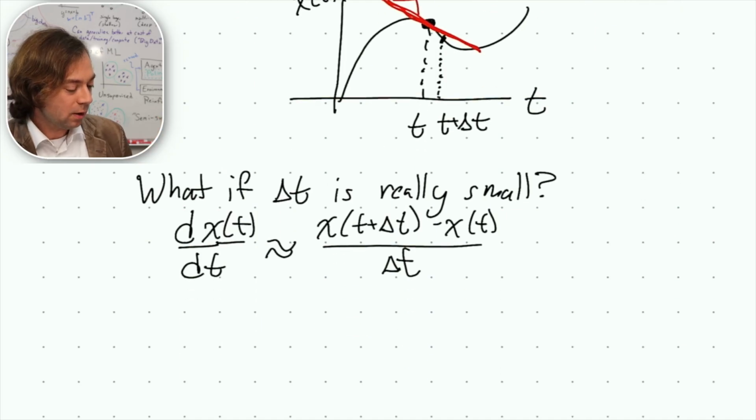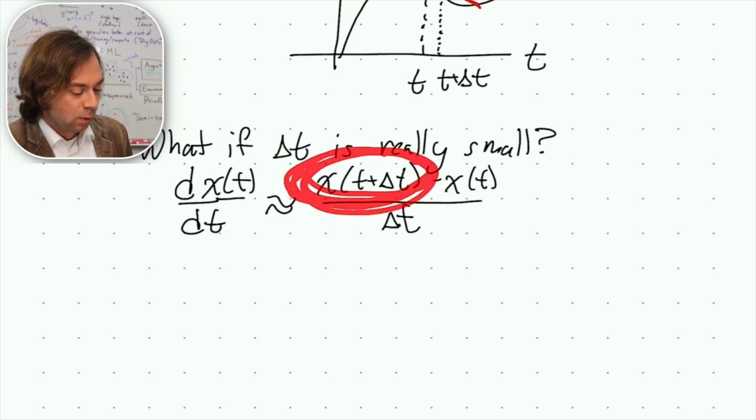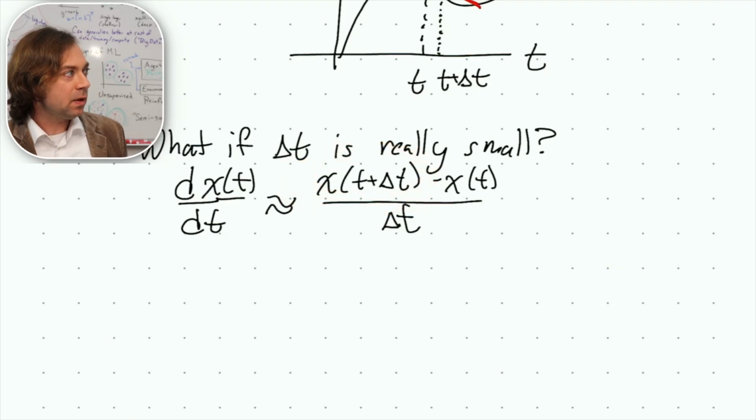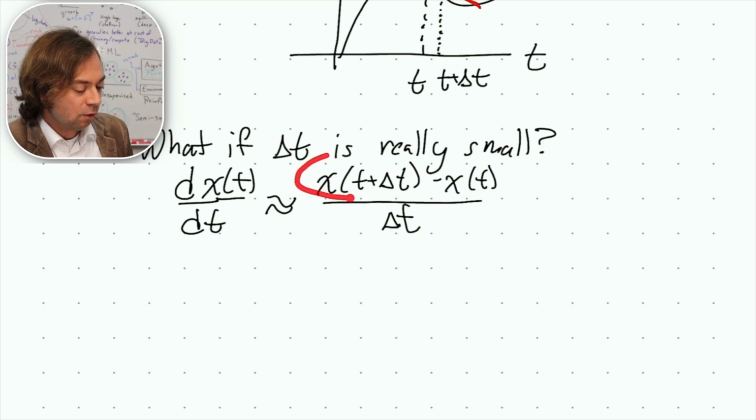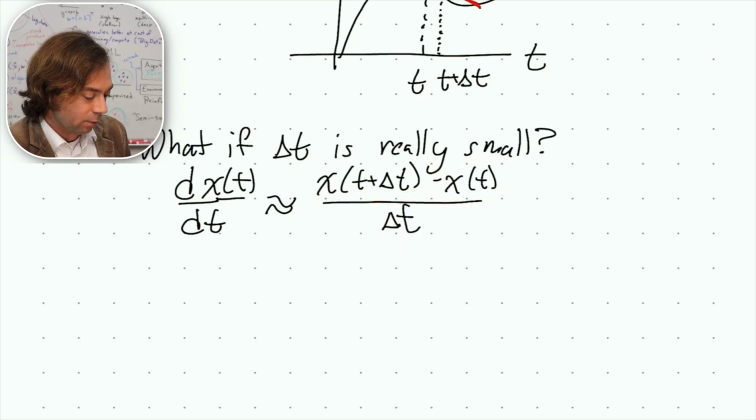Which is cool, because what that means is I can then say, hey, in the future, I want to know what x is in the future. That's what solving a differential equation is. I want to know what's happening in the future, right? I can just solve for this using good old algebra. Multiply both sides by delta t, then add x of t to the other side. I can just solve that really quick.